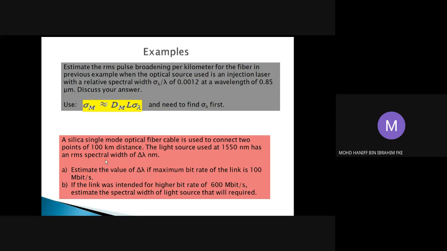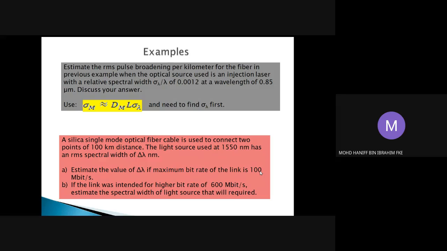Looking at this question, what is the purpose of giving us the maximum bit rate of the link?